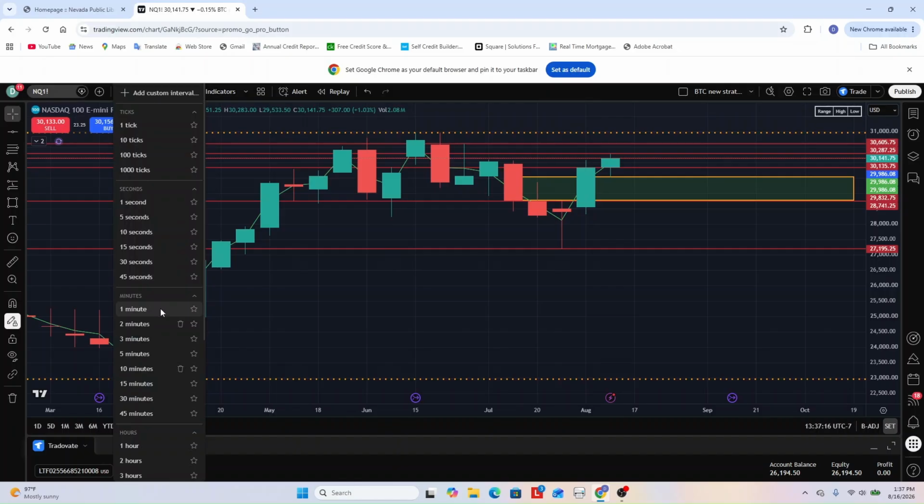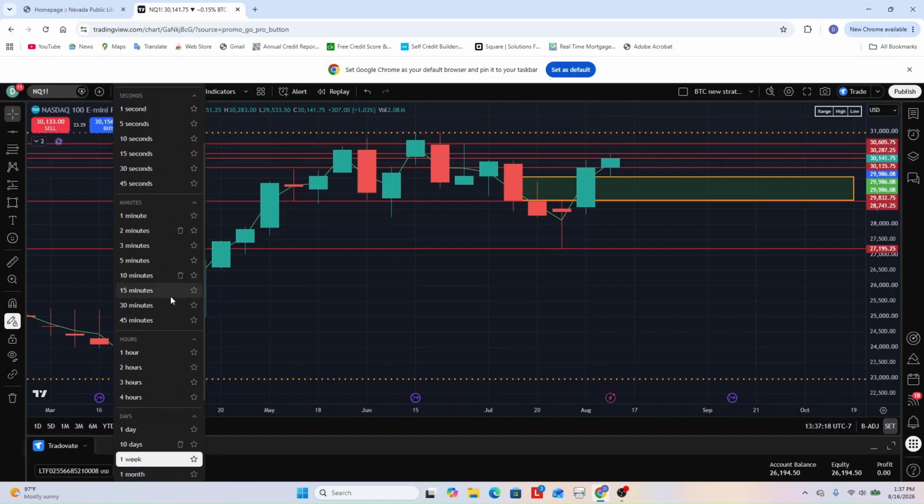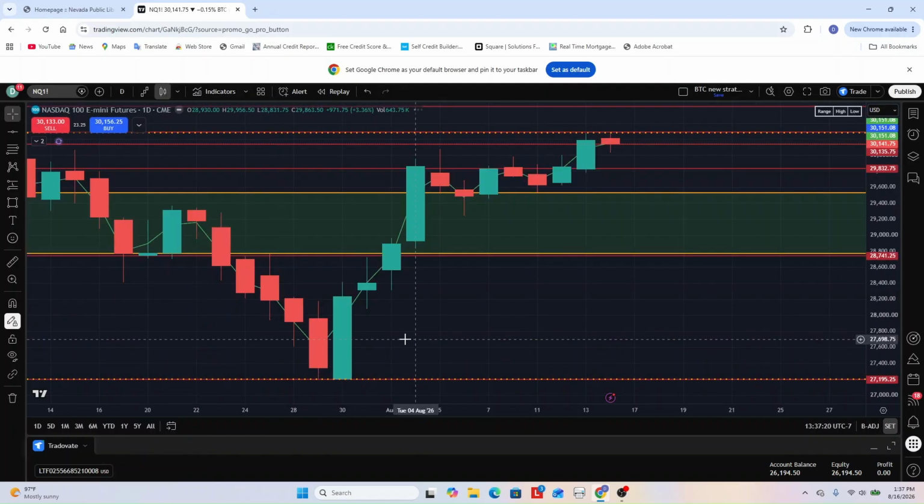From the weekly, I'm going to go ahead and drop down to the daily. And this daily candle would be Friday's candle. Okay, it would be Friday's candle. So for this one, what I'm going to do again is mark out the high and the low.